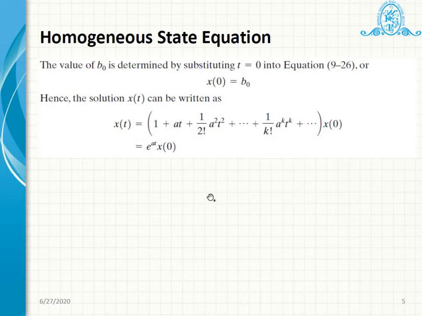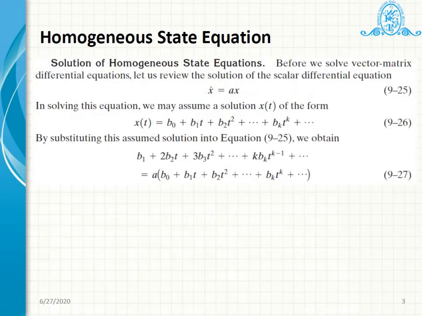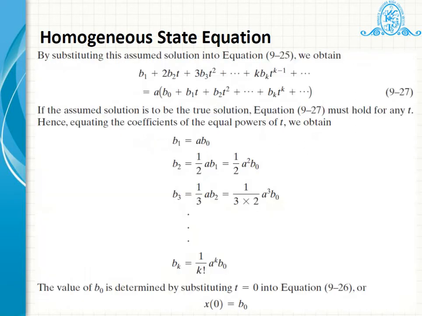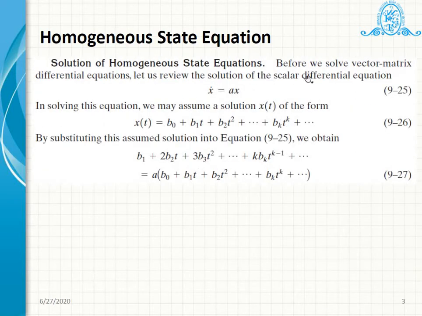This x of t is the solution of the state equation, which state equation? x dot is equal to ax. This is the state equation and we are determining the solution for this. So x of t is equal to e raised to a t x of 0. This is the solution for the scalar differential equation. Right now we are talking about the scalar differential equation. Let me remind again, what is meant by scalar differential equation?